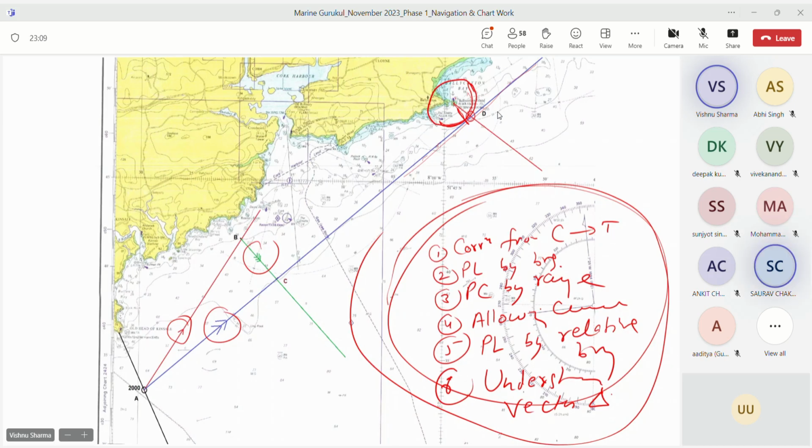So let's not confuse, the class will get confused. Sometimes he's saying take from CTS and somewhere he's saying otherwise, but that is common sense: if it is shortest, it has to be a circle which is tangential to the CMG line, because the positions are remaining on the CMG line, correct?